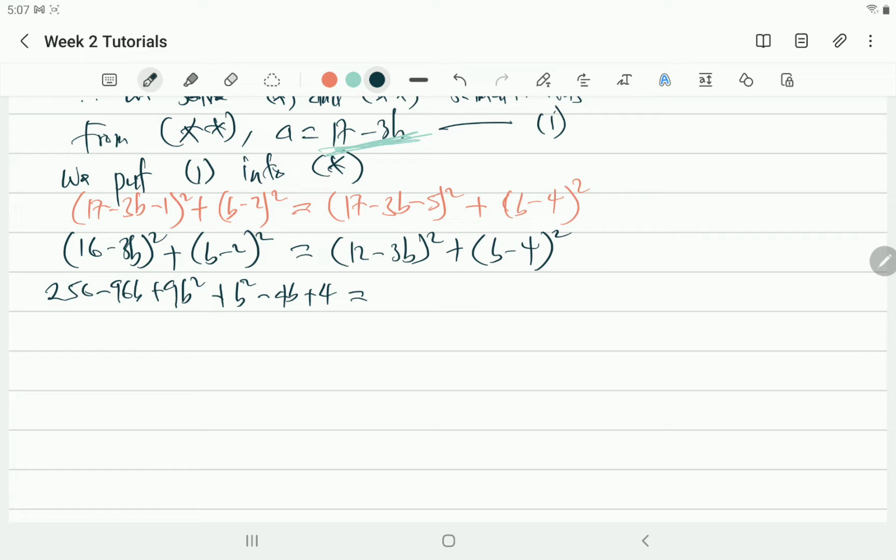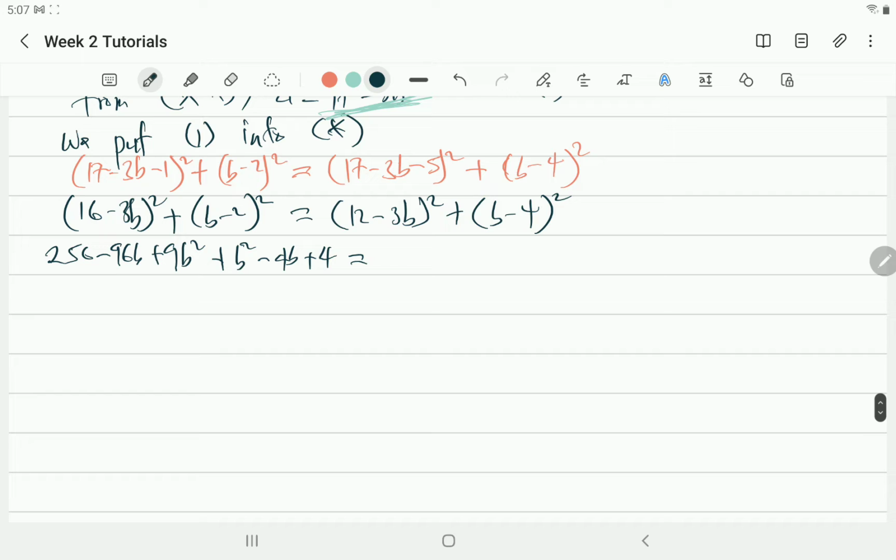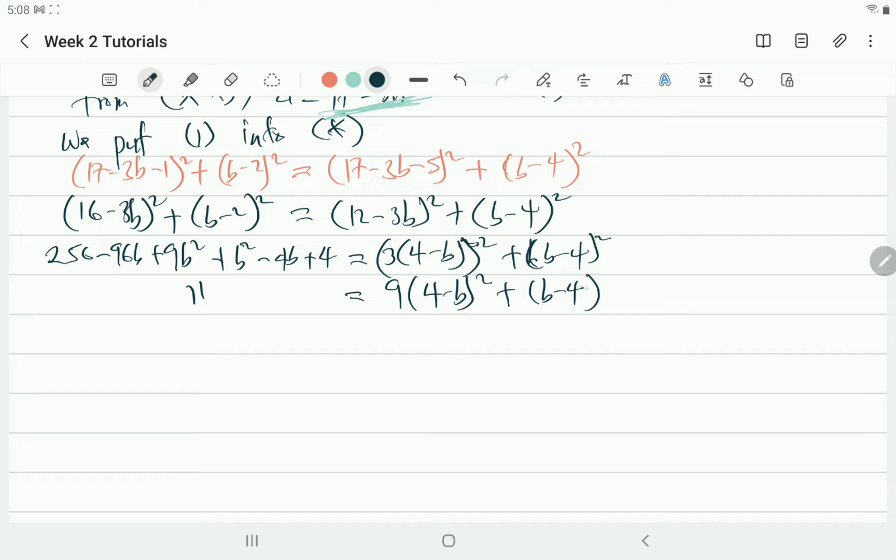And this left hand side, if you look at it well, I can factorize the 3 here. So it is going to be 3 times (4 minus b) all squared plus b minus 4 all squared. The right hand side is also going to be 9 times (4 minus b) squared plus b minus 4 squared.